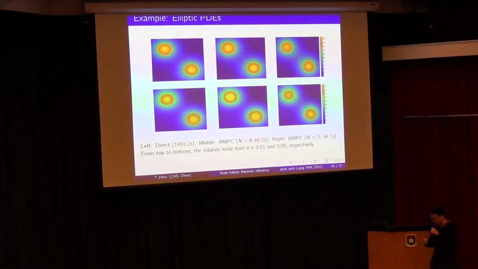Because in the previous case, for the polynomial chaos surrogate with n equal to 7, the CPU time is much bigger than this quantity. Here we have performed a few forward model simulations, but it still gains a lot of speedup compared to the single-fidelity PC surrogate model. But you can even do this with very low polynomial order.